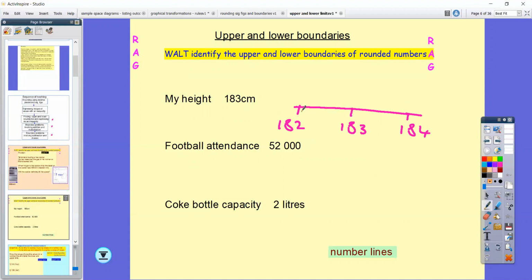What height would I have to be that they would then round it to 183? Okay, so we might get 182.7. Anything smaller, 182.6. With a bit of discussion, obviously you get to 182.5. And you say, well, that's the lower limit of my height, or we're going to call it the lower boundary, or lower bound for short.